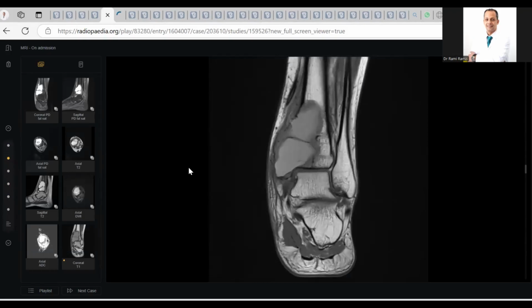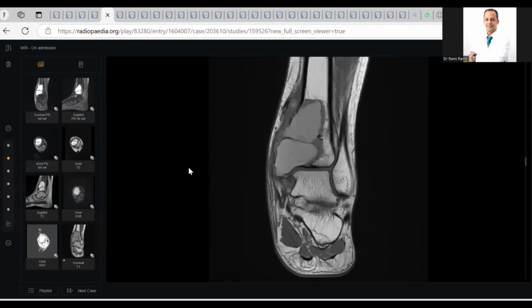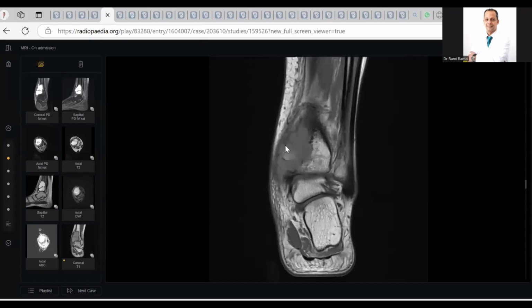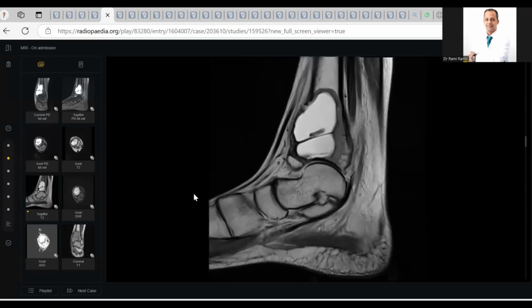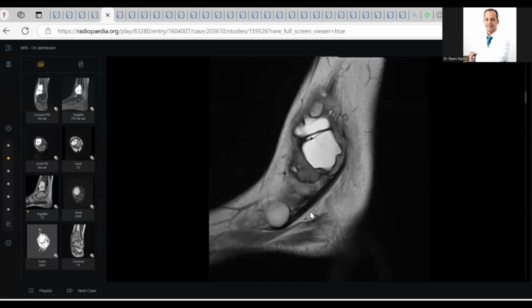In the first case, doctor, you did very well until I came here. This is a soft tissue component. I ask you, which one would you put on top of your differential diagnosis?